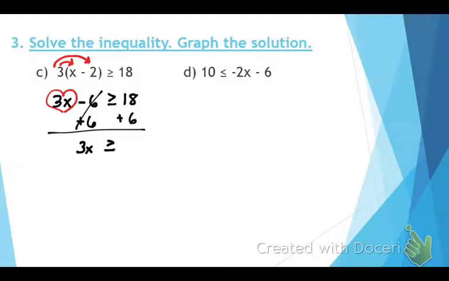Greater than or equal to. Yeah, greater than or equal to 24, and then divide 3 by 3, and then divide 24 by 3, and that will equal 8, and then x greater than or equal to 8.